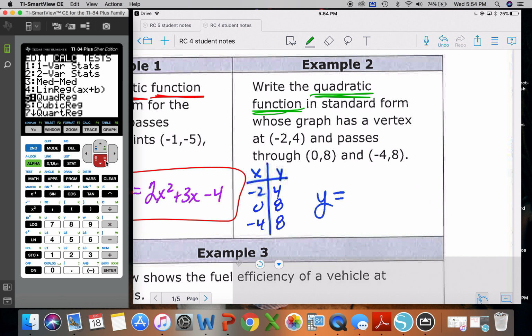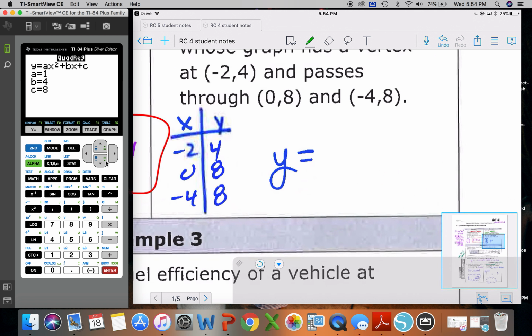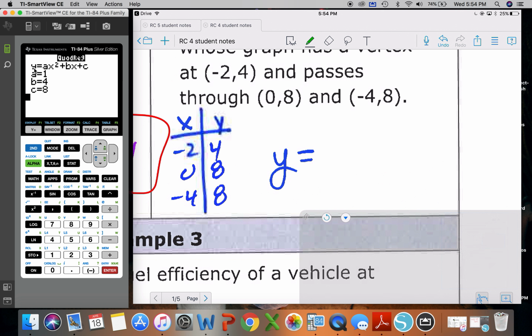Again, I do stat calc 5 because it told me that it was quadratic. And up at the top, it says y equals ax squared plus bx plus c. Up at the top, every time you run linear or quadratic or exponential regressions, they tell you what they want you to plug in or what your equation needs to look like.